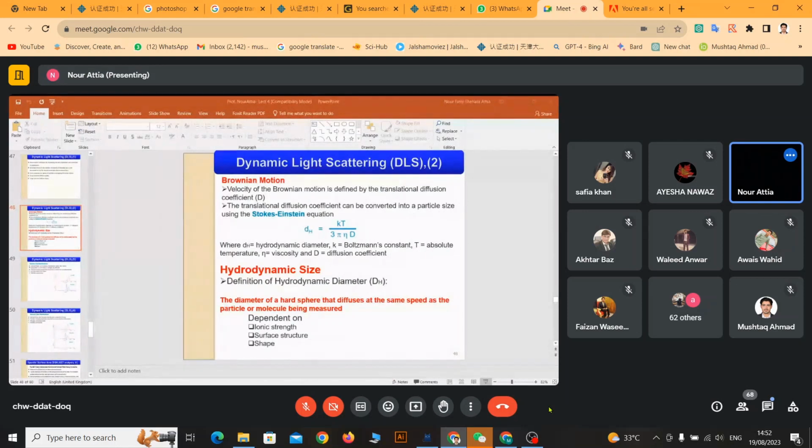Then the size in the graph will be maybe 80 or 90 nanometers, and this is the actual size in solution.